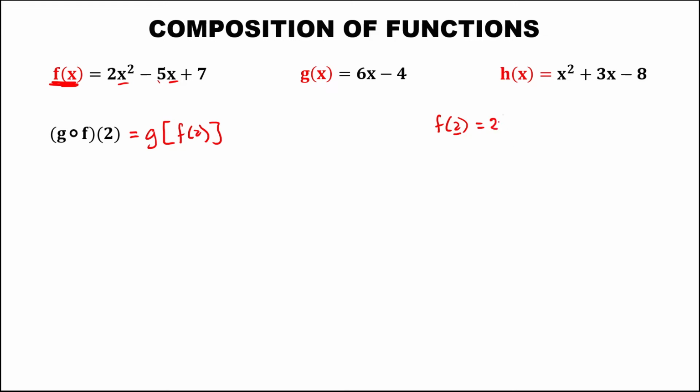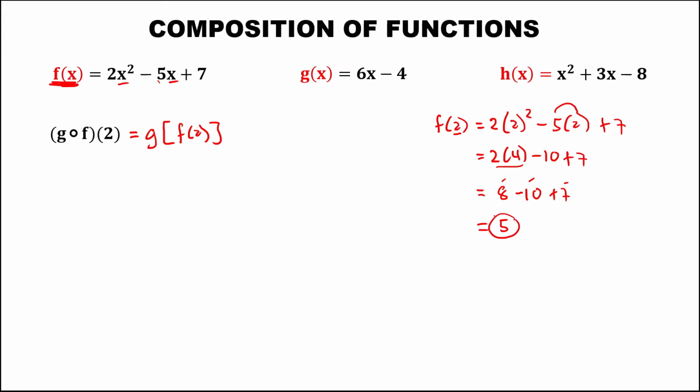So this becomes 2 times 2 to the power 2, then minus 5 times 2, then plus 7. 2 to the power 2 is 4. Negative 5 times 2 is negative 10, then plus 7. Then to simplify, 2 times 4 is 8, minus 10 plus 7. So 8 minus 10 is negative 2, plus 7. So f of 2 is equal to 5.